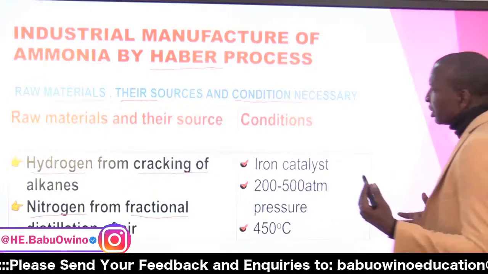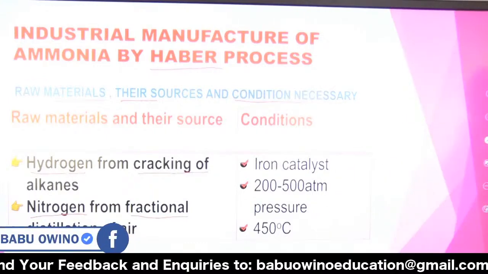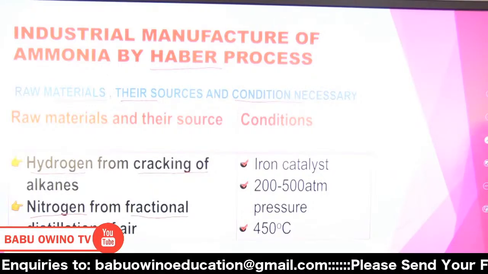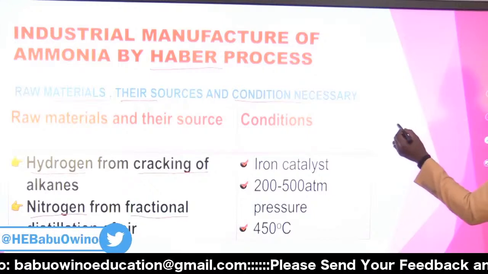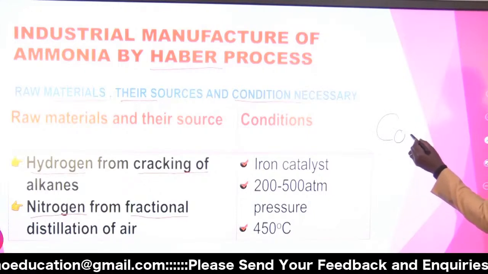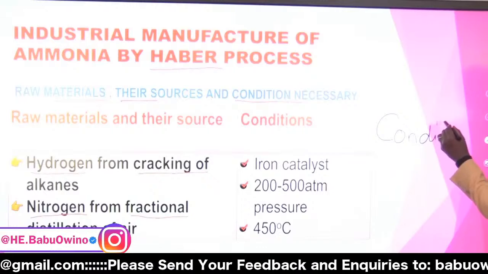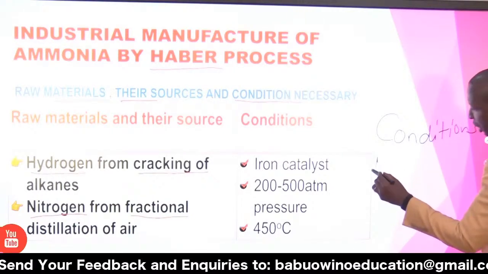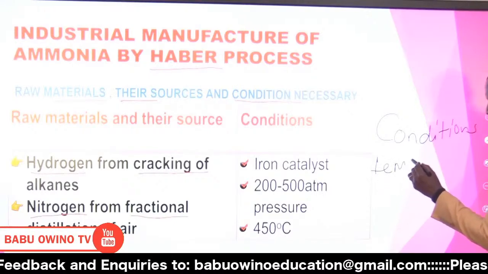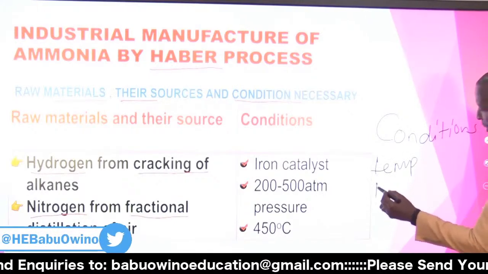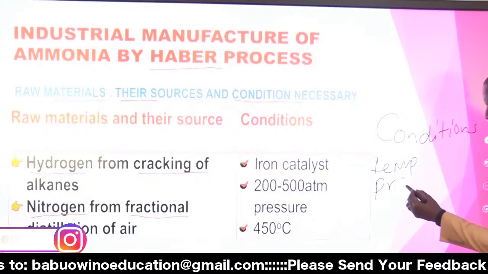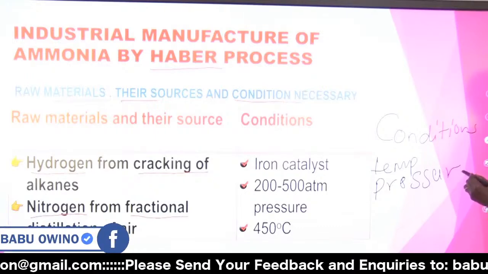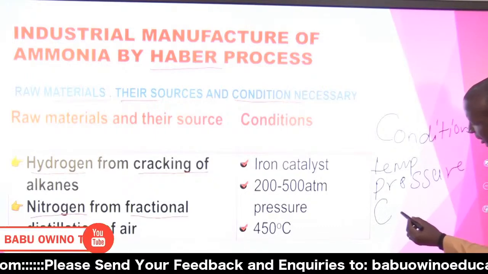So we look at the conditions, and when you talk about the conditions, you are looking at the following. We talk about temperature, we talk about pressure, we talk about a catalyst.